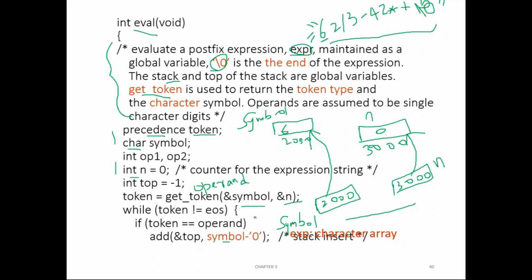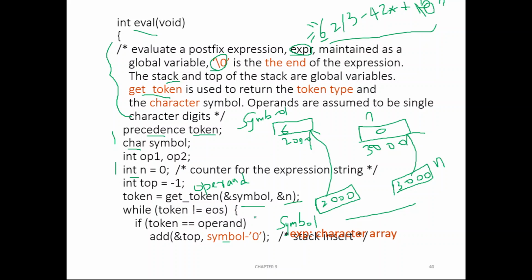Okay, so ASCII value of 0 is 48, right? From that you can calculate the ASCII value of 6. If ASCII value of 0 is 48, then ASCII value of 6 is 54.